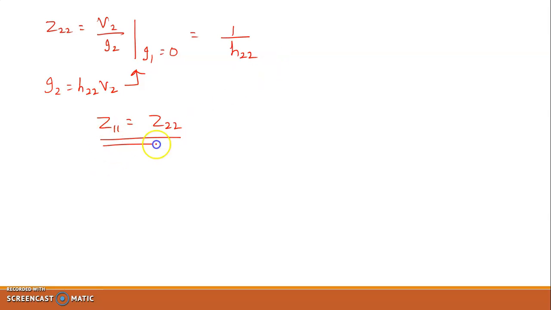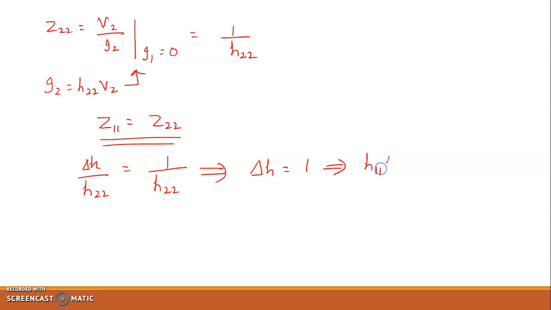If this condition is satisfied, delta H by H22 is equal to 1 by H22, which means delta H is equal to 1. That is, H11 H22 minus H21 H12 is equal to 1. So if the determinant of the hybrid matrix is equal to 1, then the system is symmetrical.